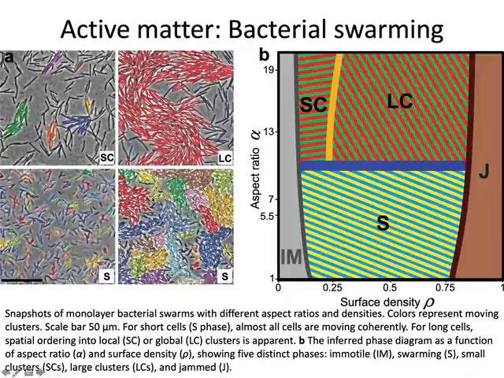So nowadays there is a lot of research into what is called active matter. And here is an example of a phase diagram of bacterial swarming. So I showed you the liquid crystals beforehand, and this is an example of elongated bacteria that move around.